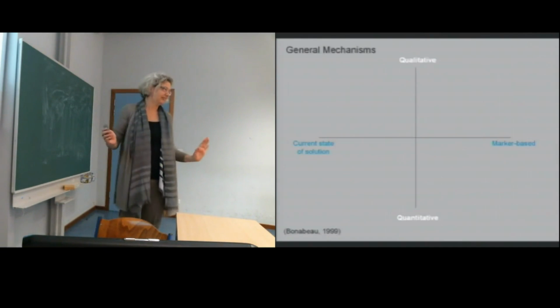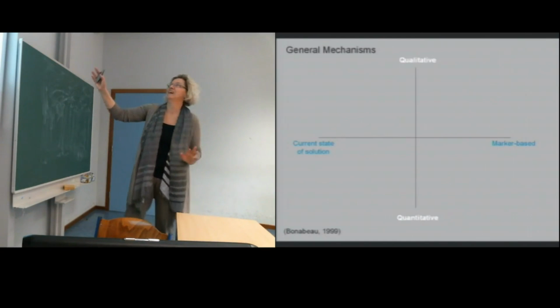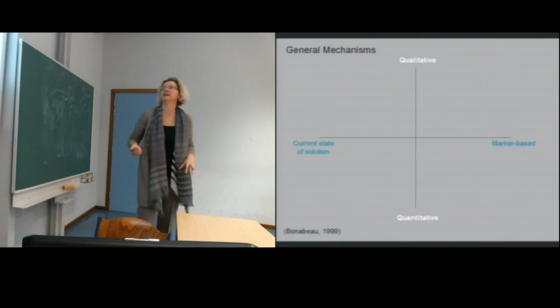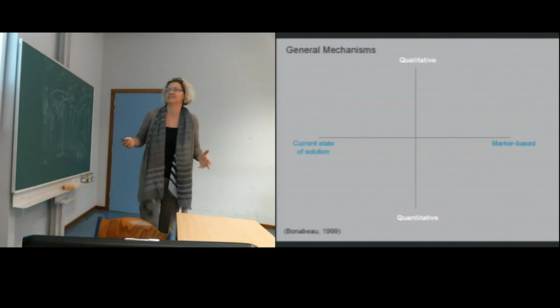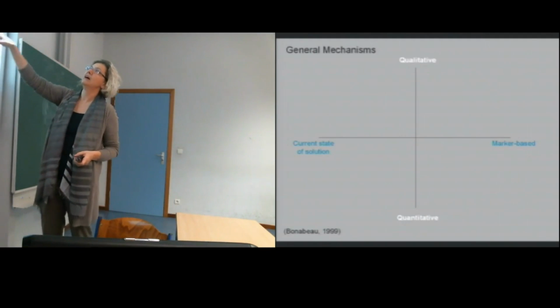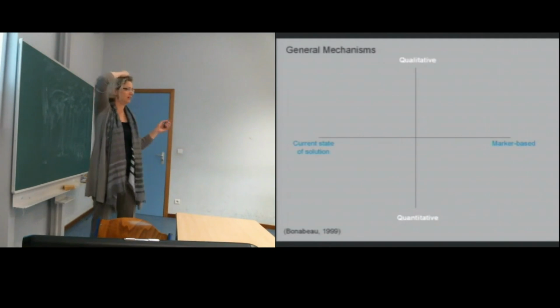Okay, so here I played with it, because I need also to make it understood for designers. So what I did here, there are the first two kinds of mechanisms that were defined.